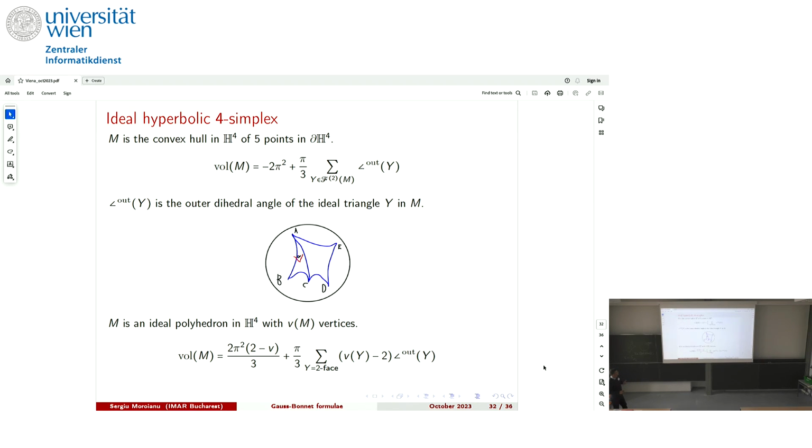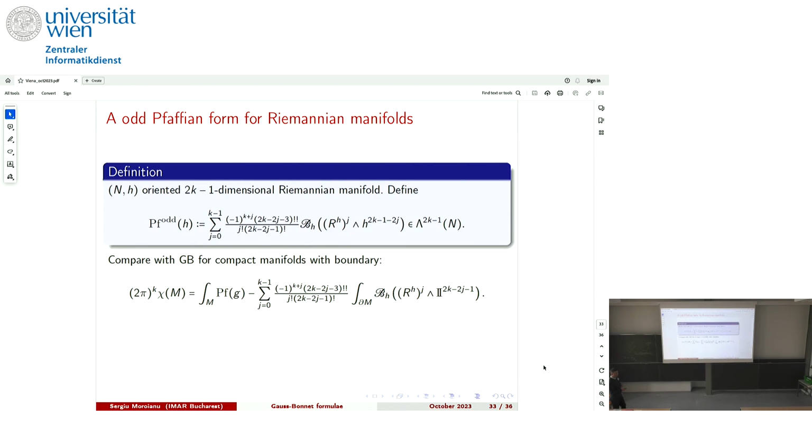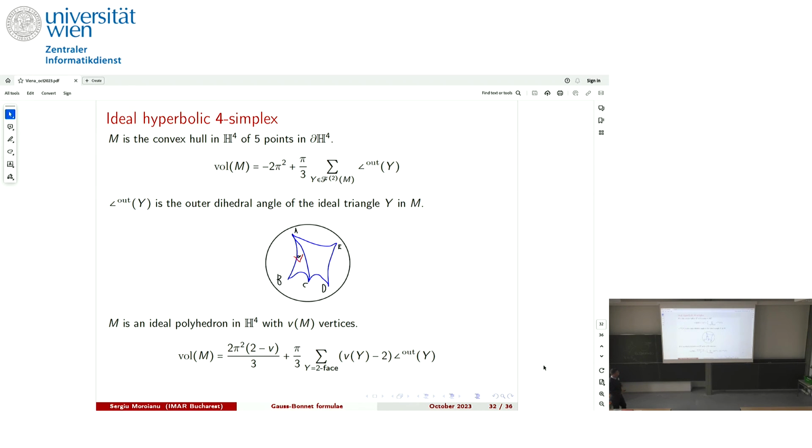V is the number of vertices. The number of vertices of m is V of m. Number of vertices of y is V of y. They are at infinity. So they contribute like the outer cone, I guess it's half a sphere. When you have very parallel lines, the outer angle is big.